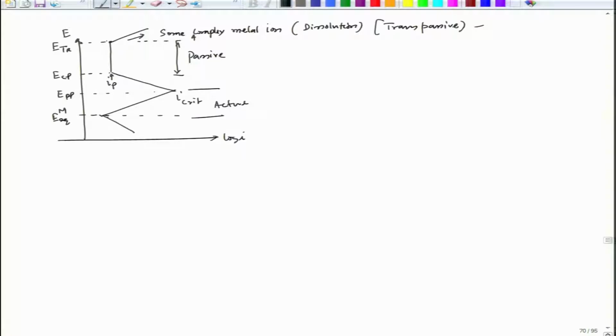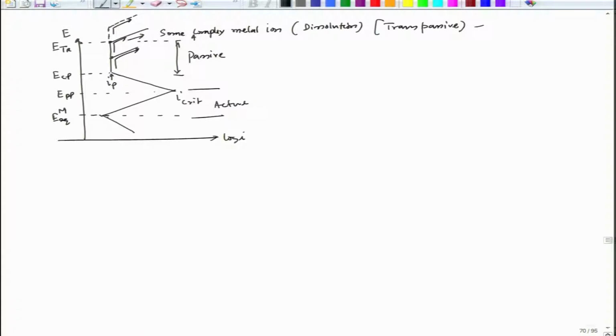There could be a possibility of breakdown of that passive layer, and before reaching a higher potential the surface oxide layer can dissolve and the line can move this way, it can move this way. So, this is a breakdown. There could also be a possibility of going to a very high potential, and a possibility of formation of a porous passive layer, which happens at a very high potential in the case of aluminum or titanium.